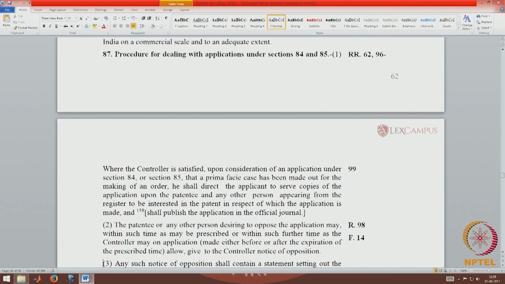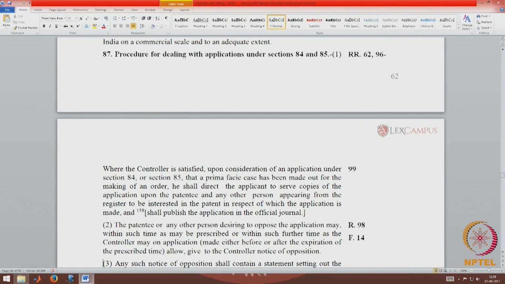Now, we saw that in many proceedings under the Patents Act, there is a mechanism of opposition. Amendments can be opposed, restoration of lapsed patents can be opposed, surrender of patents can be opposed, a compulsory license application can also be opposed. But in this case, the opposition will be done by the patentee or the persons who are interested in the patent continuing.